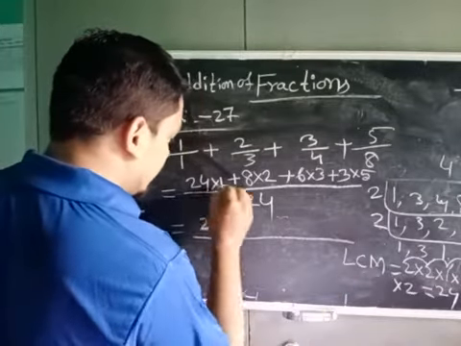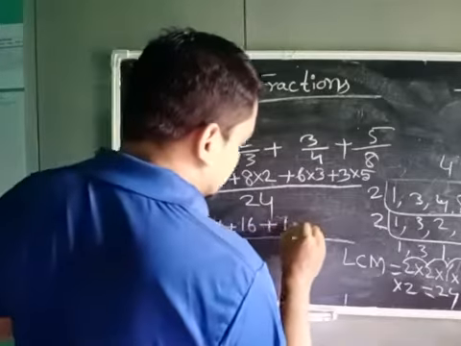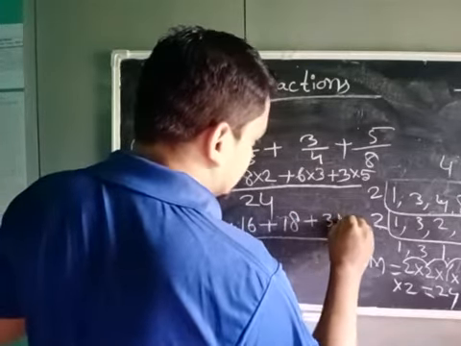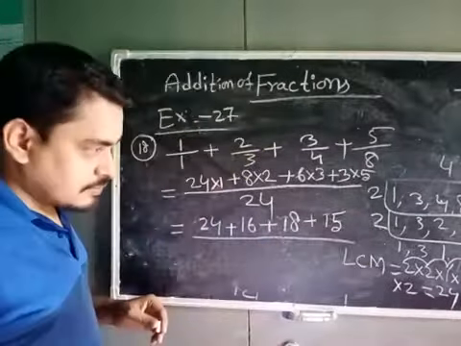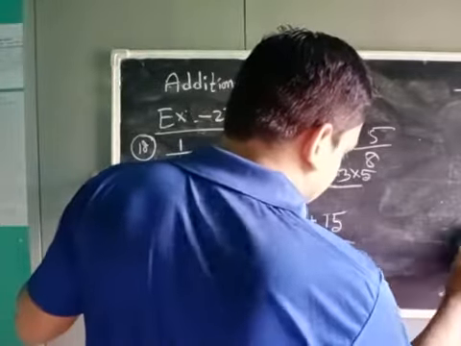So 24 1 is 24, plus 8 2 is 16, plus 18, plus 6 5 is 30... 3 5s are 15. So now what to do? We have to add them together.